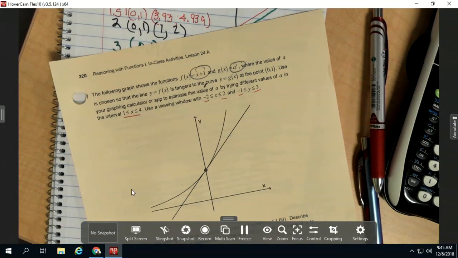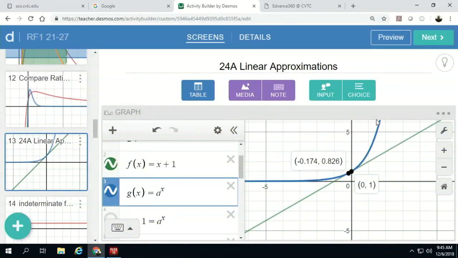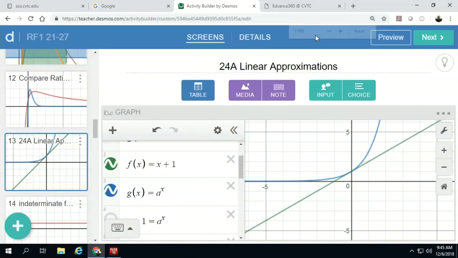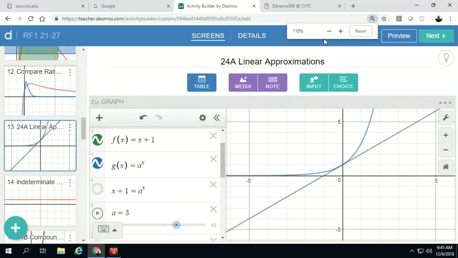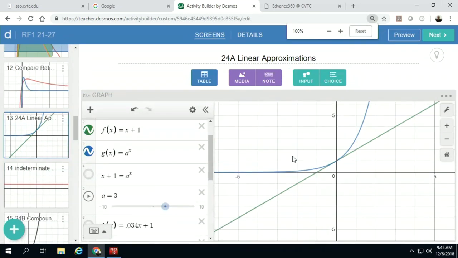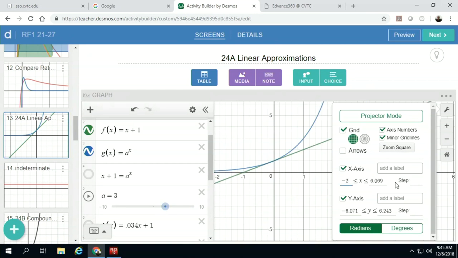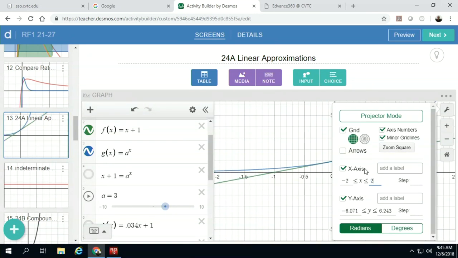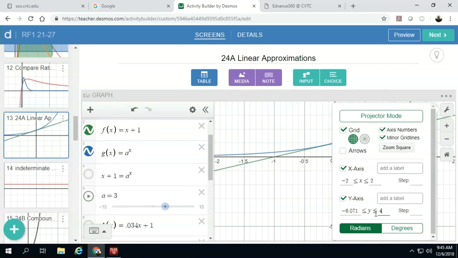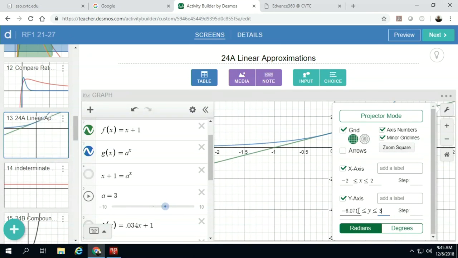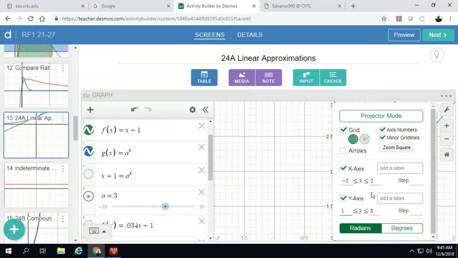So I'm going to change my window. I got this way too big. Okay, so I'm going to change my window so x goes from -2 to +2. Y goes from -1 to 3.